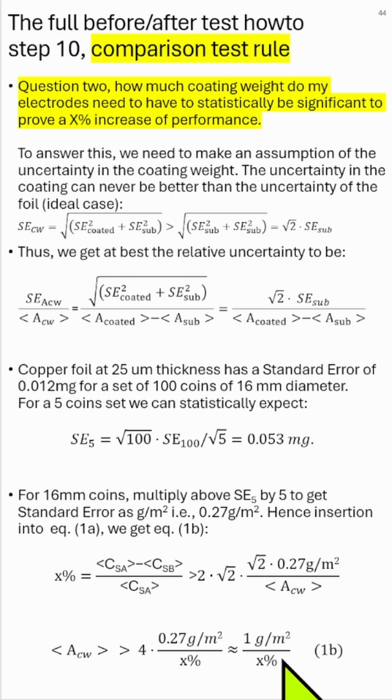So that means if the boost performance increase is 10%, then 1 gram per square meter divided by 0.1 becomes 10. So that means we need 10 grams per square meter in coating weight, in mean value of coating weight, to prove a 10% boost.